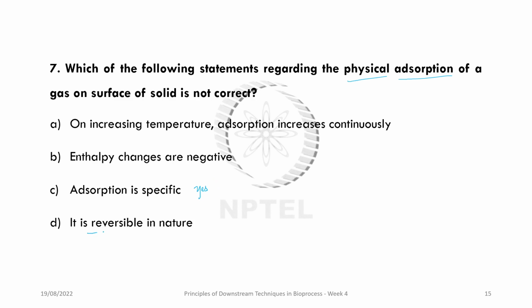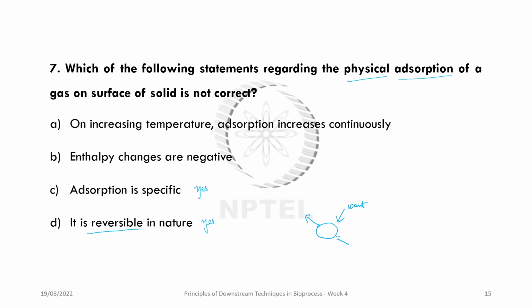Is it reversible in nature? Yes, again, right? Otherwise, you wouldn't be doing adsorption. You will not use this as a downstream step if you cannot recover whatever you're trying to adsorb, even if it is toxic. If you're adsorbing something that you want, then you will want to recover it back from the adsorbent later.